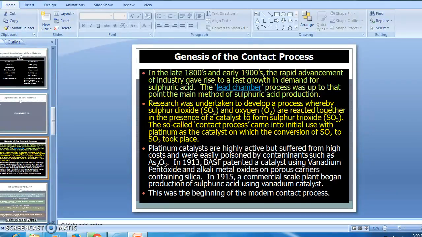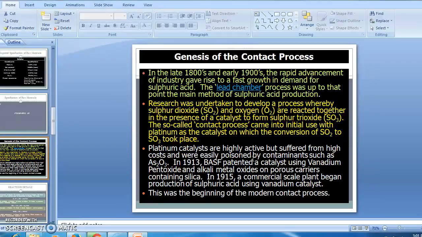Now let's look at how the sulfuric acid process developed. It started early with the lead chamber process, then it improved with research, and presently they started with platinum catalyst. Now it has come to vanadium pentoxide.